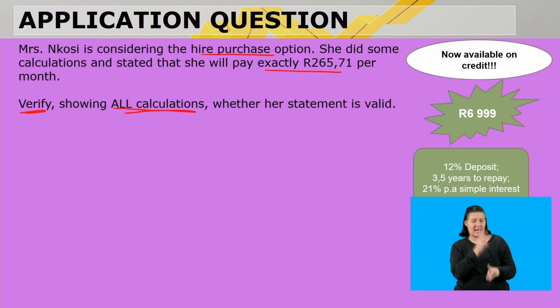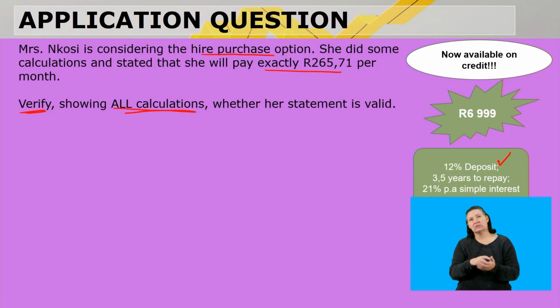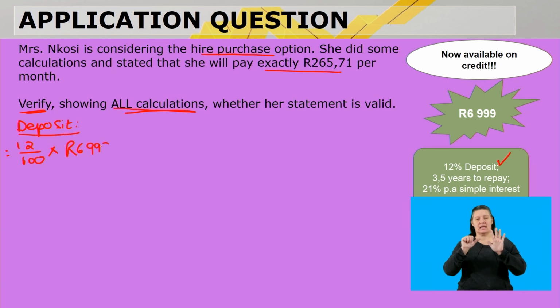Let's look again. If the cash price is 6,999 Rand, we already know she's going to take the hire purchase option, right? So what is important? First of all, I'll start with the deposit. There's a deposit of 12% needed. So I'm going to indicate here the deposit, and I'm going to calculate 12% of the cash price of 6,999 Rand.